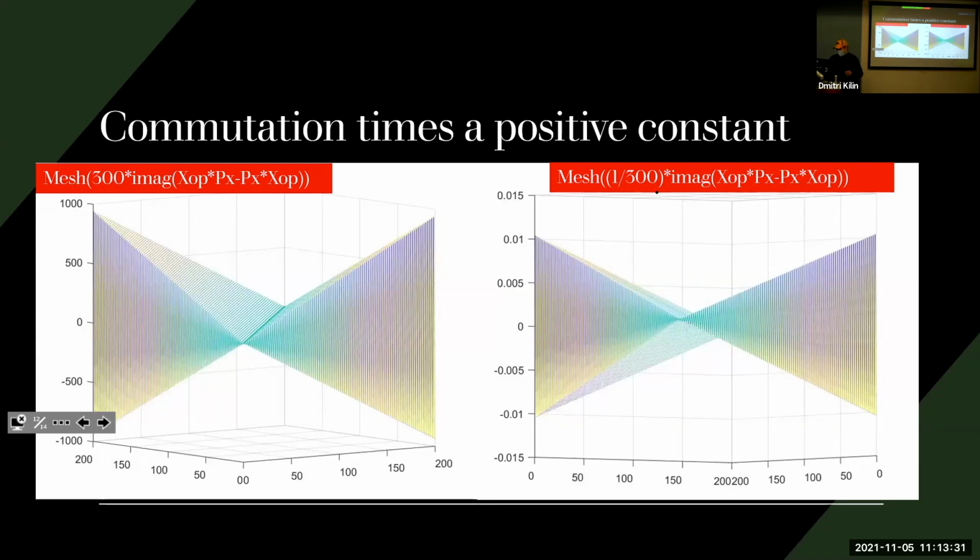But if I divide it by 300 from the normal one, then you notice that these values are smaller, meaning that the volume between the two planes is smaller.